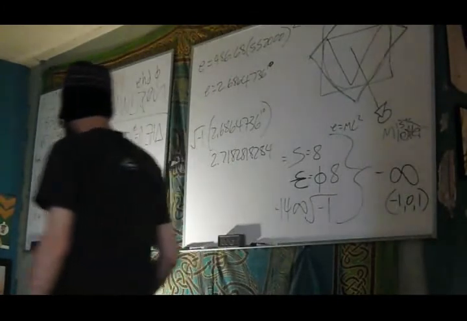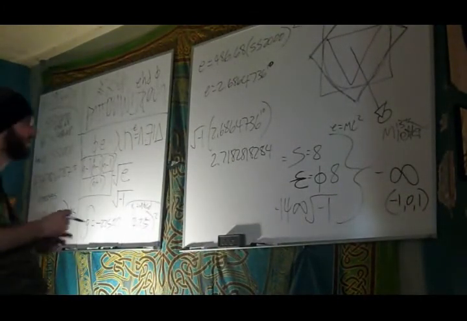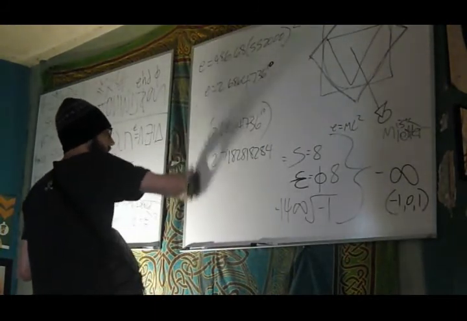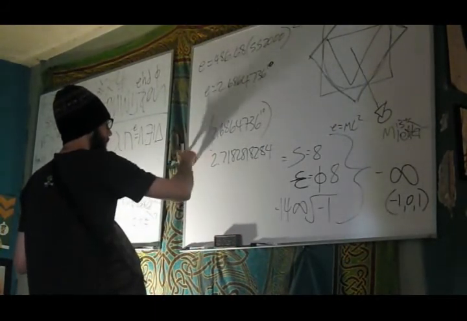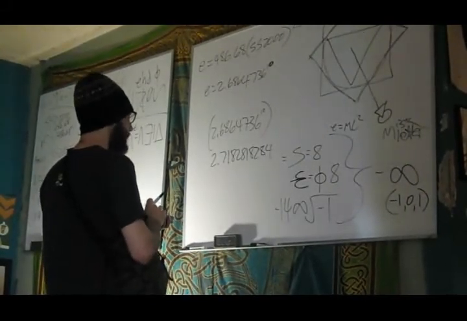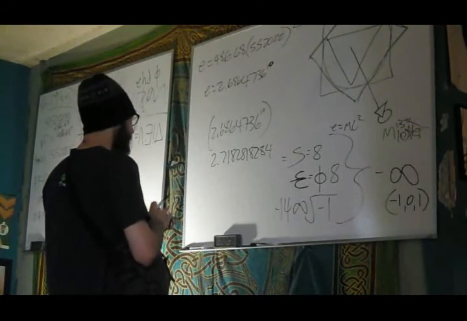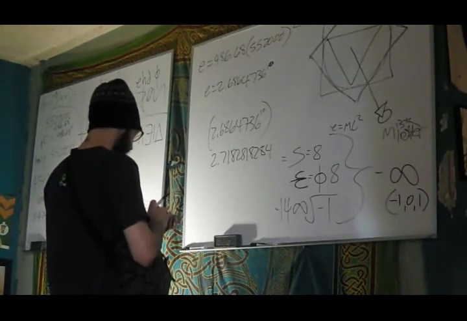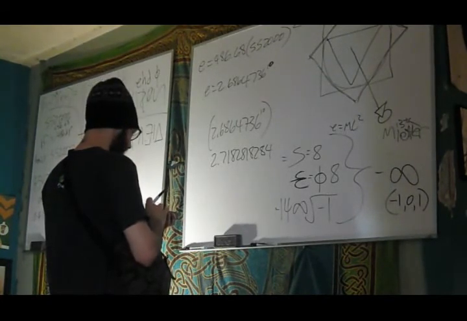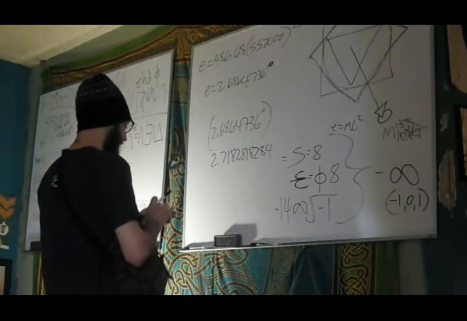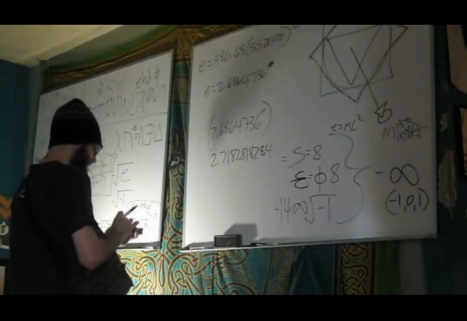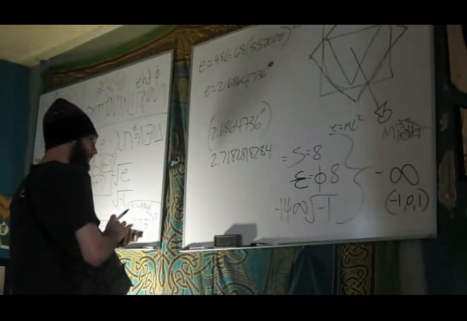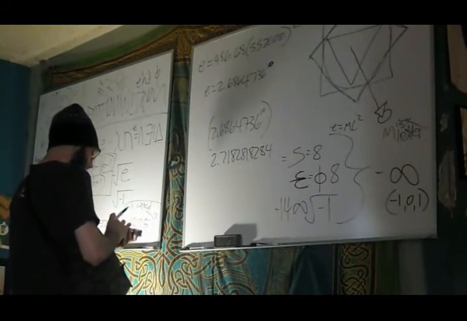So, what's the difference? What's the difference here between 2.686476 to the power of 10, minus perhaps 2718281834, the other one?